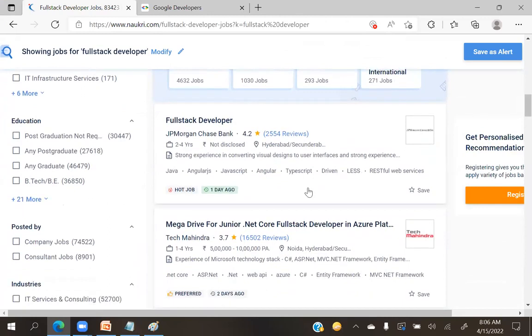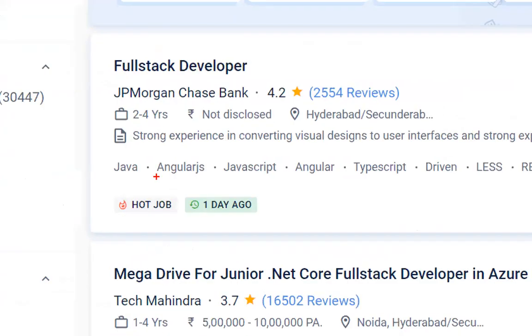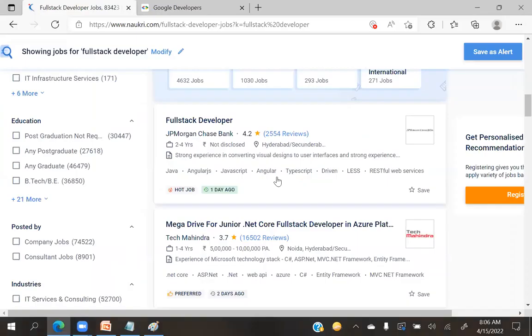You see, they ask for knowledge of both AngularJS and Angular. So many times people, your friends or somebody, may tell you that AngularJS is outdated and Angular is advanced. That's not correct.